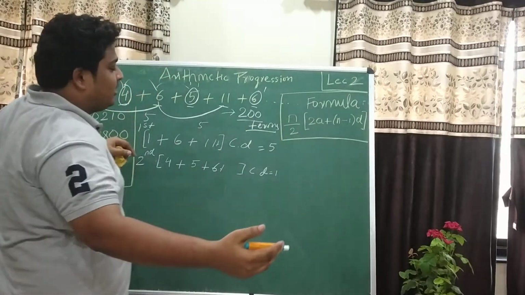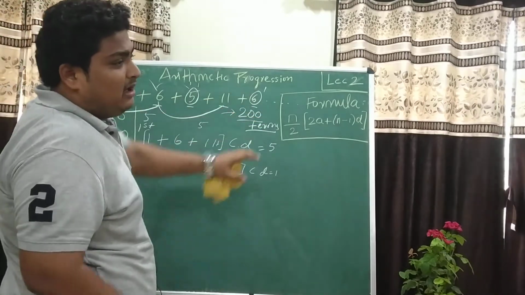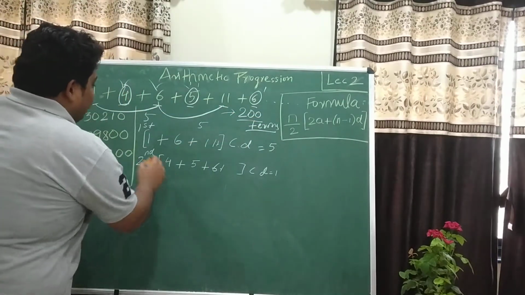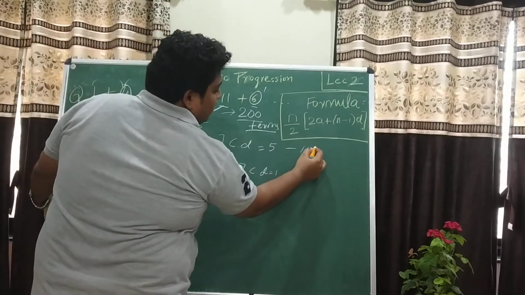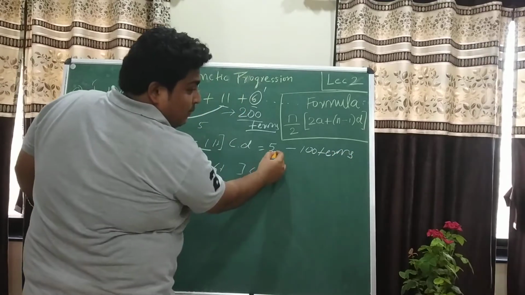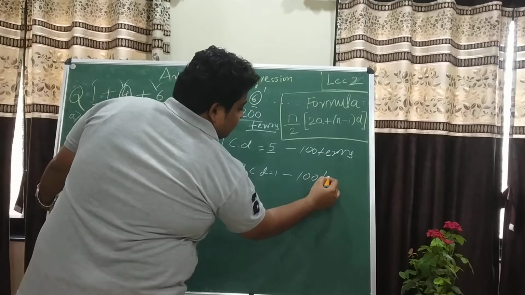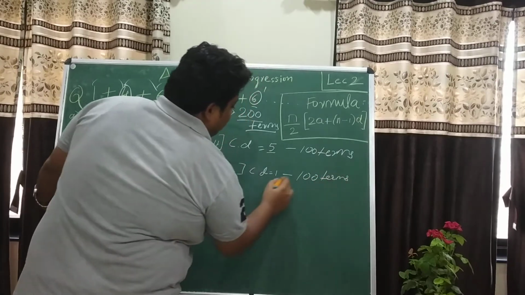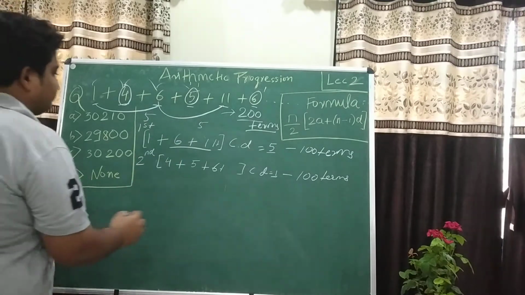So we are going to add these series separately using this formula. In the first series there will be 100 terms with a common difference of 5, and in the second series there will be 100 terms with a common difference of 1. So let's use the formula now.